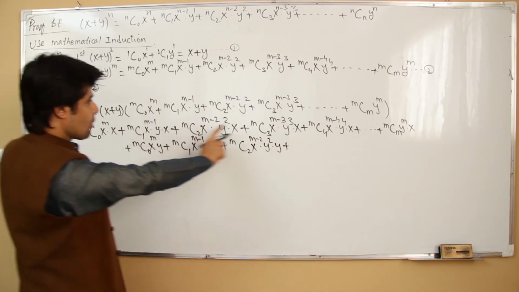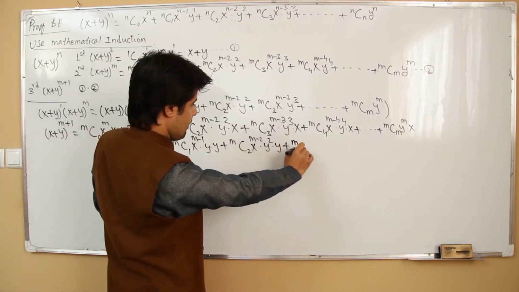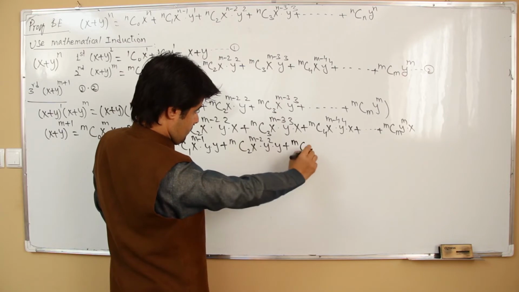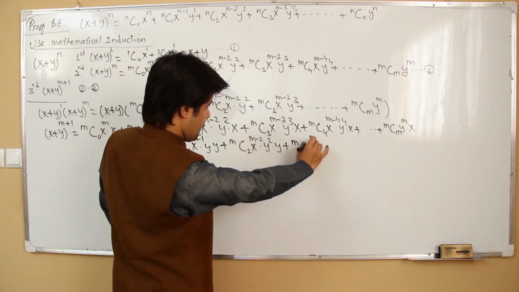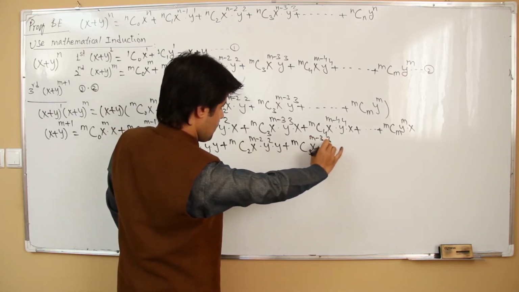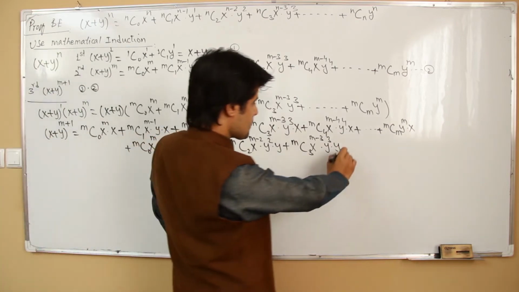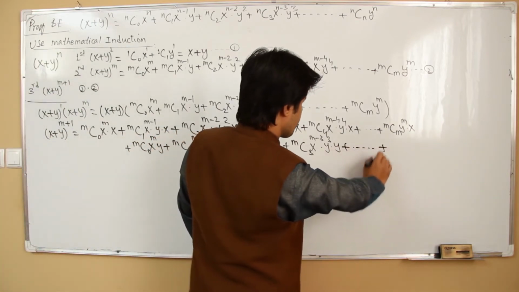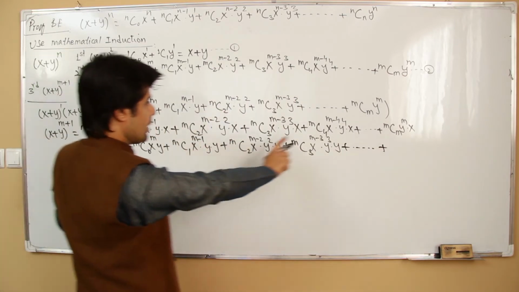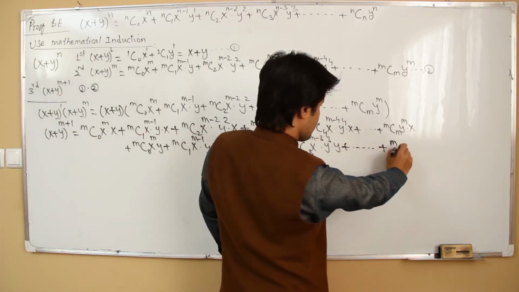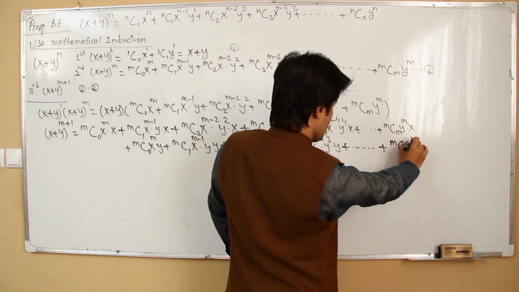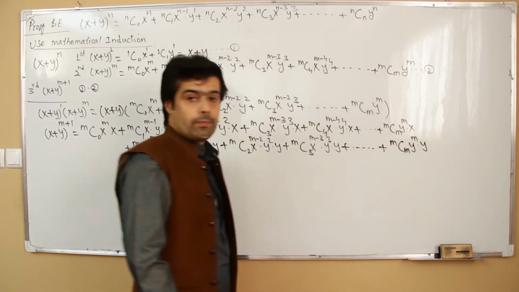This one with this one, you have mc3 x to the power m minus 3 y to the power 3 times y, up to the last one, plus this y with this term, you have mcm y to the power m y.